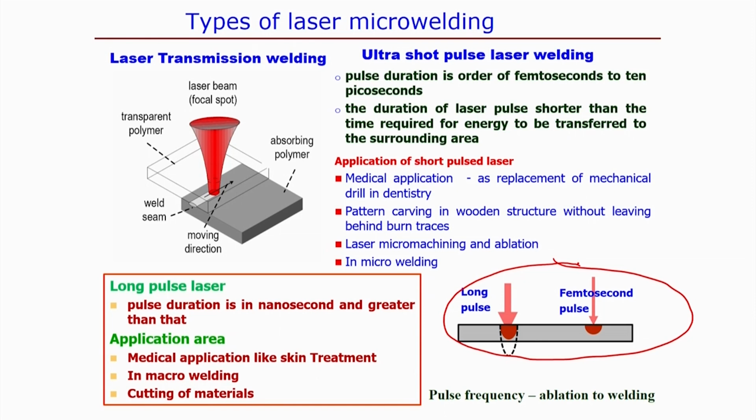The femtosecond pulse laser is very precisely focused into a very small area, and there may not be sufficient time for transmission of energy to the surrounding material. So whatever processing is required may be confined to a very small area. That is the advantage of using the femtosecond pulse laser.